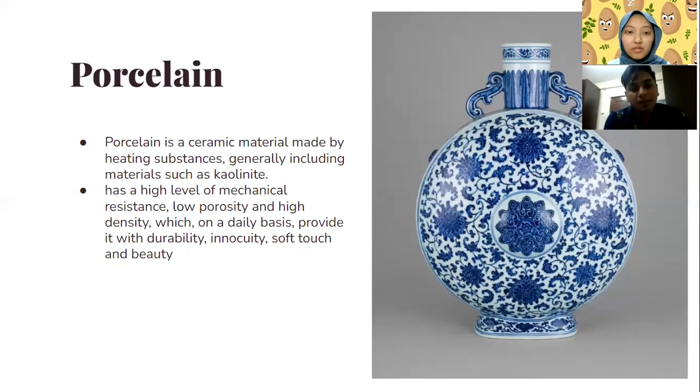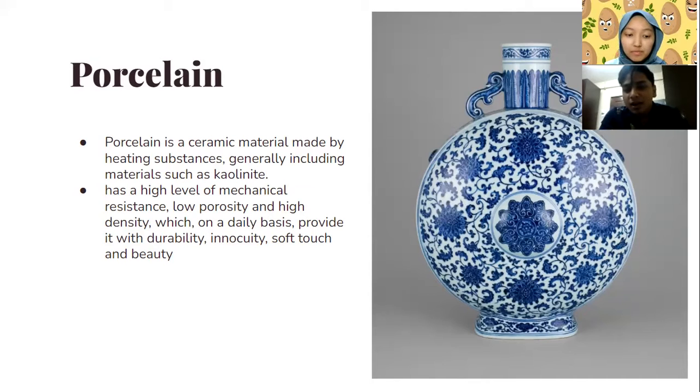Porcelain is a ceramic material made by heating substances, generally including materials such as kaolinite. Porcelain has a high level of mechanical resistance, low porosity, and high density, which on a daily basis provide it with durability, soft touch, and beauty. So basically, this is the picture of porcelain.